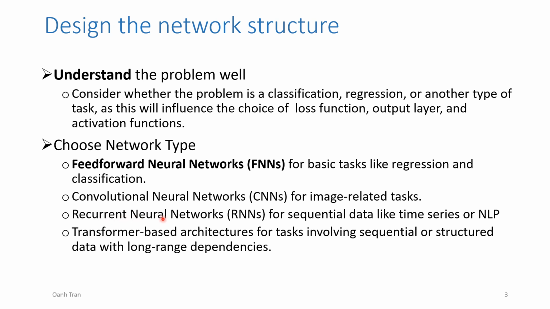You should use RNNs or recurrent neural networks for dealing with sequential data like time series or natural language processing tasks. Architectures based on transformers are strongly recommended for tasks involving sequential or structured data with long-range dependencies.